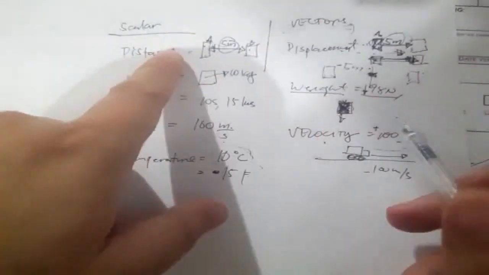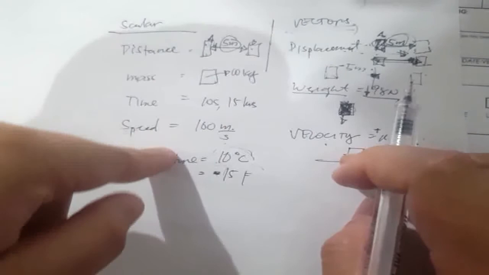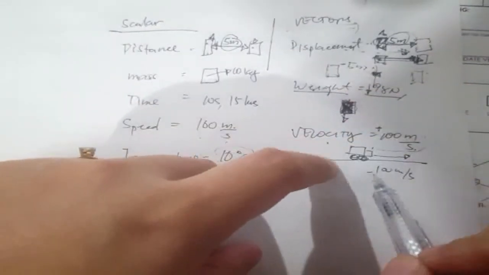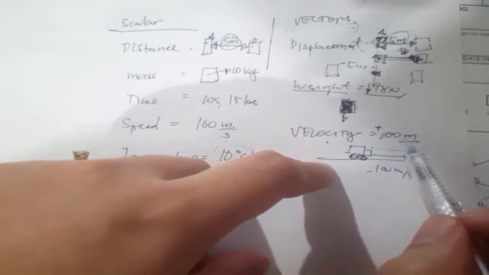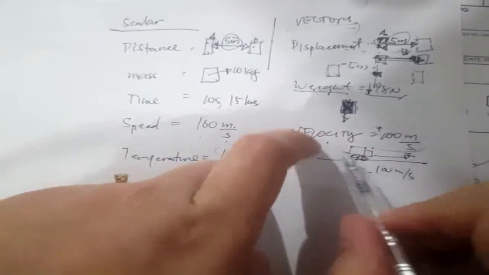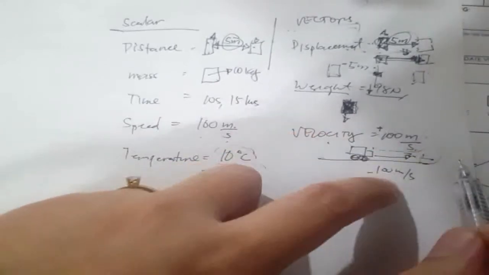So that is the difference between speed, which only has magnitude, and velocity, which has both magnitude and direction. This car is moving 100 meters per second going in this direction, and that is velocity.